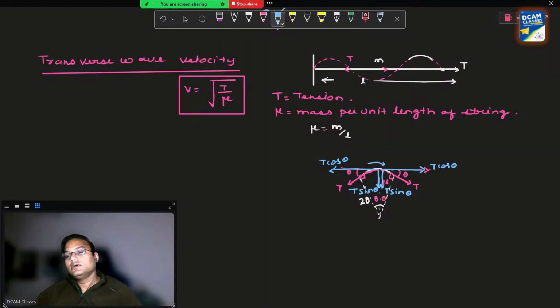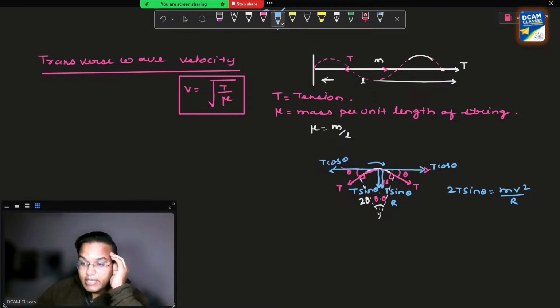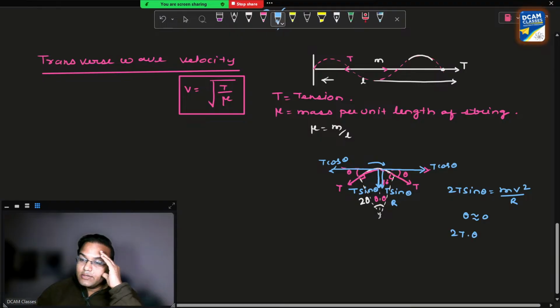So I can write 2T sin theta is equal to mv square by r, the radius. I'll keep theta very small, so it will be 2T into theta is equal to mv square by r.